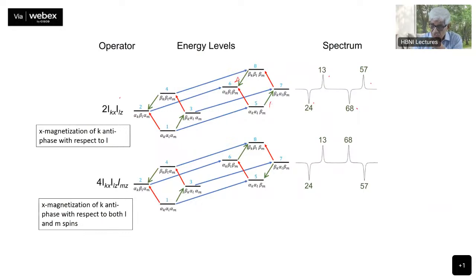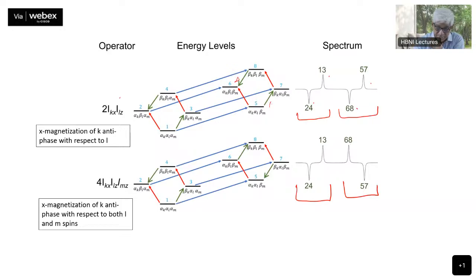So this much portion was of the K, and this much portion belonged to the situation with respect to the L spin. Now what happens here? You see this remains the same, but now this becomes opposite to this. 6-8 goes up, 5-7 comes down. This is what we say, this magnetization is antiphase with respect to both L and M.